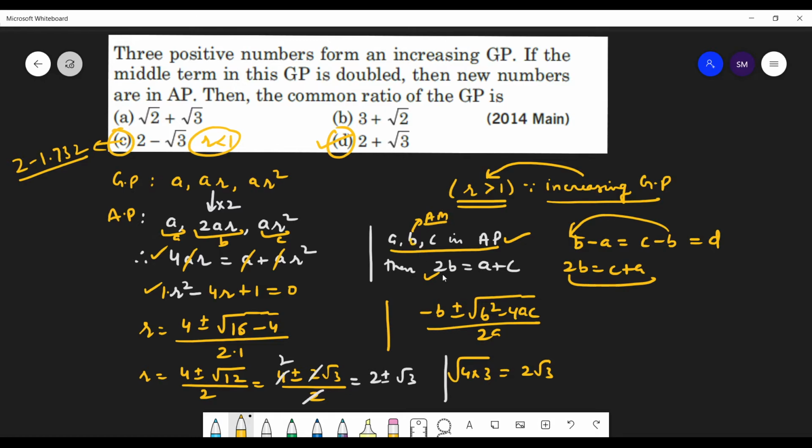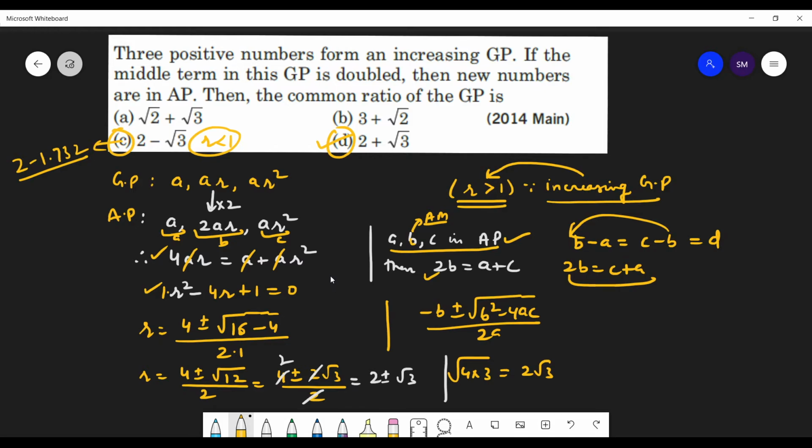So twice of this term, 2B is equal to A plus C.